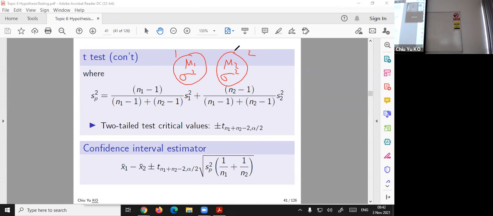Same for S2; S2 square is also a good estimate for sigma square. Now we have two estimates, both of them good. Can we combine them in a good way to improve our accuracy?